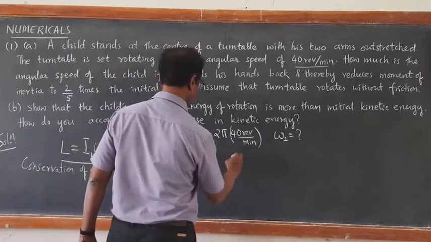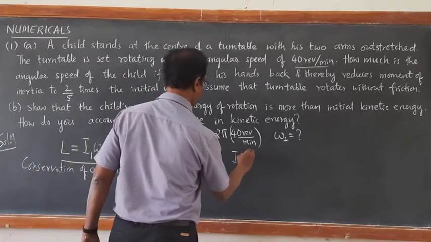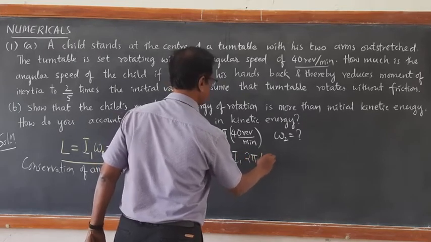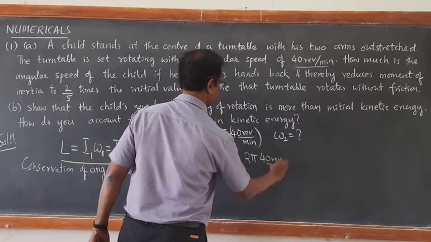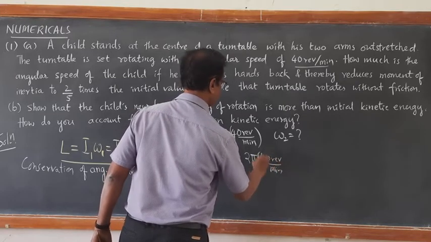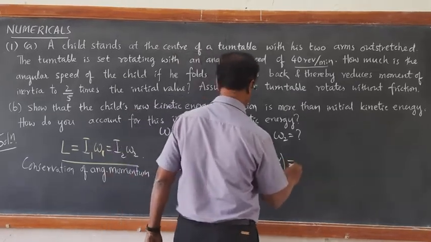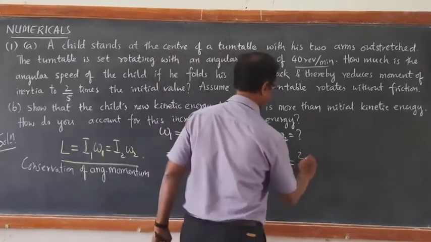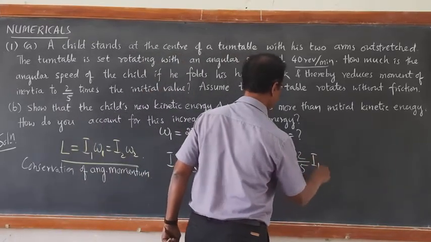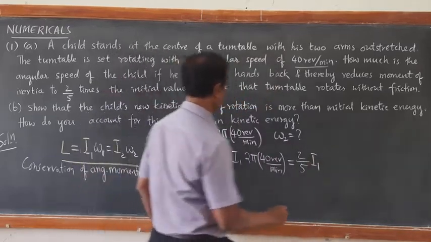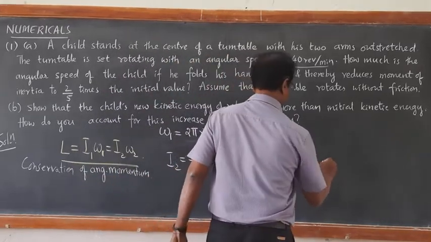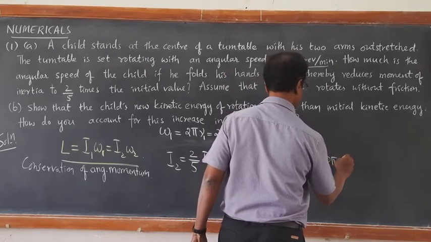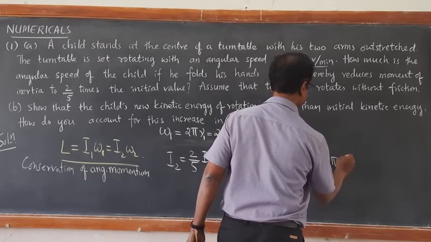So by substituting, I1 omega 1, where omega 1 is 2 pi times 40 revolutions per minute, is equal to I2, which is 2 by 5 times I1, into omega 2, which is 2 pi nu 2.